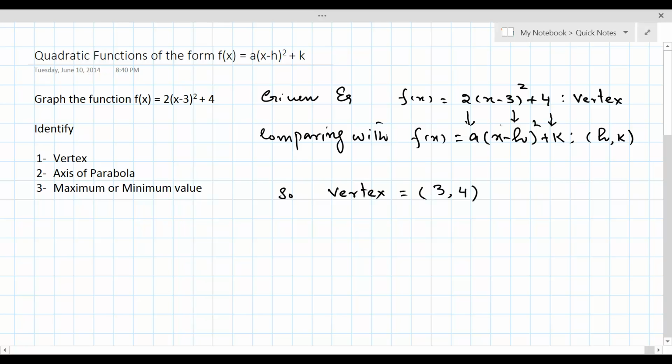Watch for the negative sign and the positive sign: it should be a negative sign inside and a positive sign outside. If you see the other sign, you can flip those signs. So the vertex in the current case is (3, 4), and for drawing the graph of this parabola, the vertex is very important.